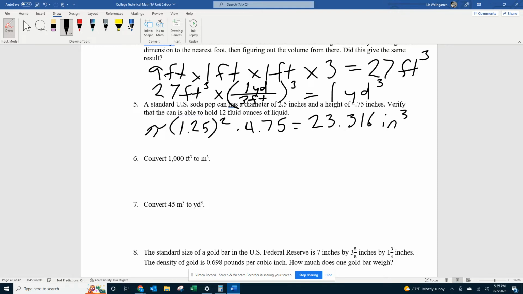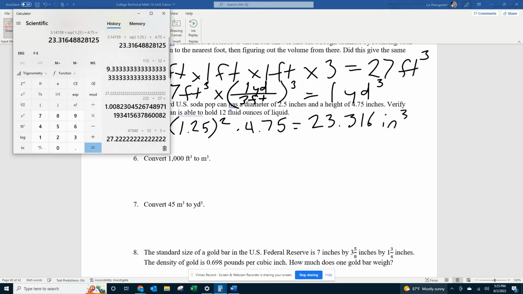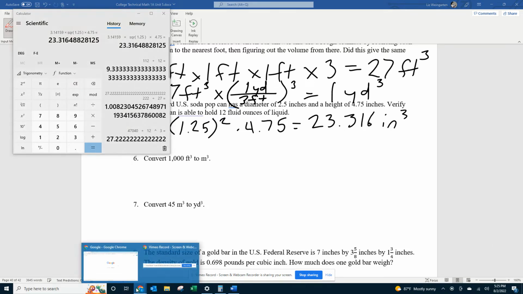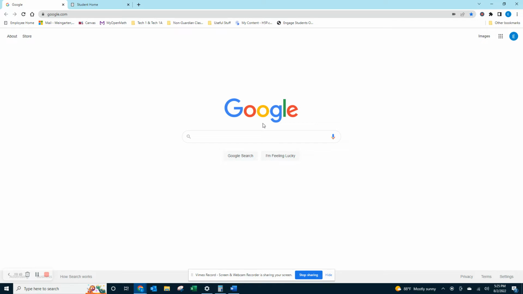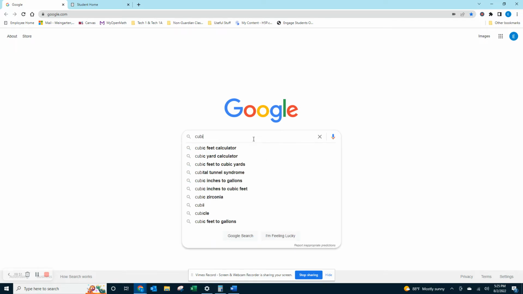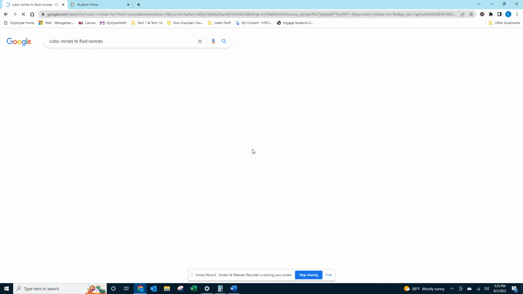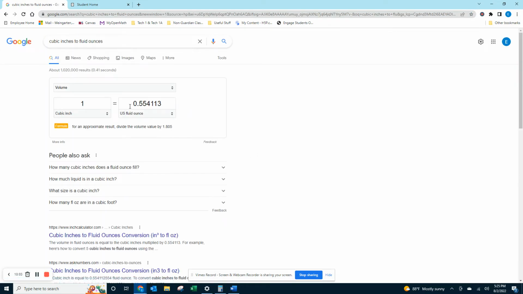So how do we convert this into fluid ounces? This, I would simply use Google. So let's pull up Google. Cubic inches to fluid ounces. So there is 0.554113 fluid ounces for 1 cubic inch.